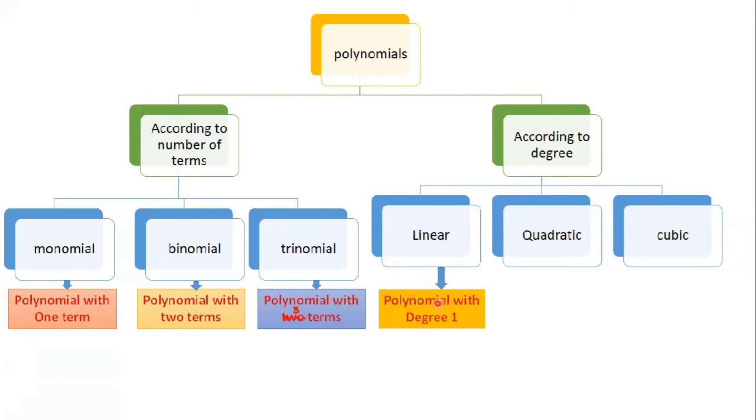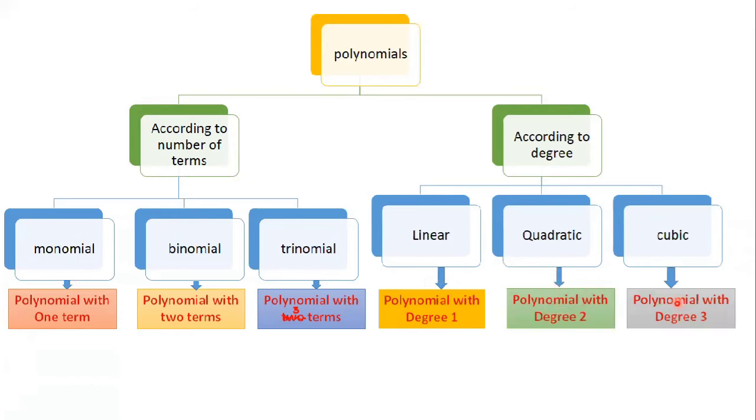Polynomial with degree 1 is called linear polynomial. Polynomial with degree 2 is called quadratic polynomial. Polynomial with degree 3 is called cubic polynomial. Degree 3 cubic, degree 2 quadratic, degree 1 linear.